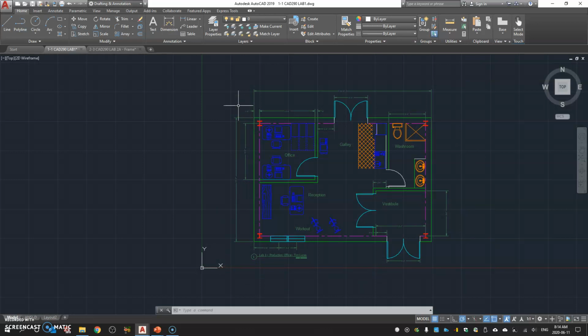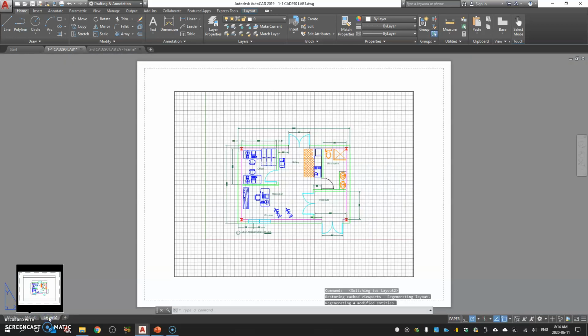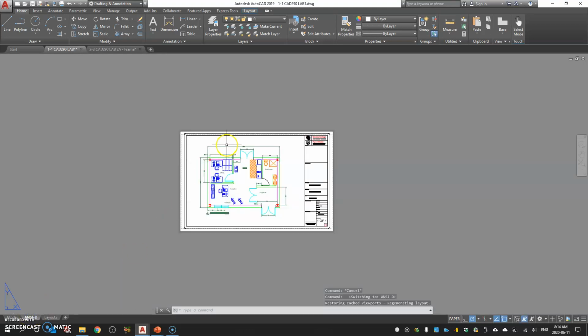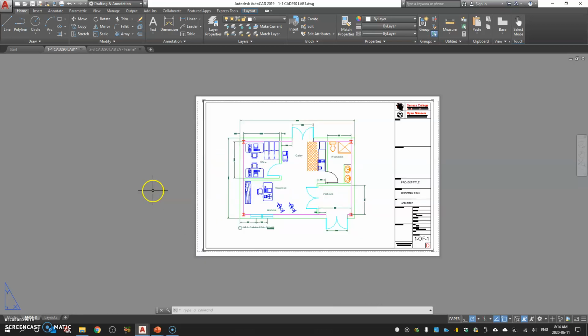In old days, the second solution was the only solution that we had, because till maybe about 10 years ago, we didn't have layout. But recently, not that recently, Autodesk added this feature to AutoCAD, which is layout. So here, I show you the result of the layout. But as I mentioned before, we're going to learn this one in CAD290.